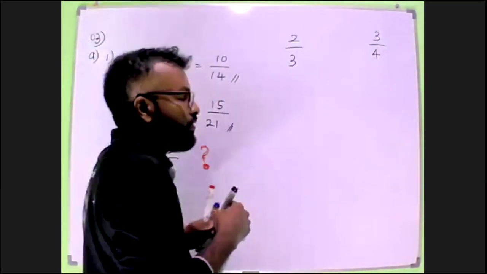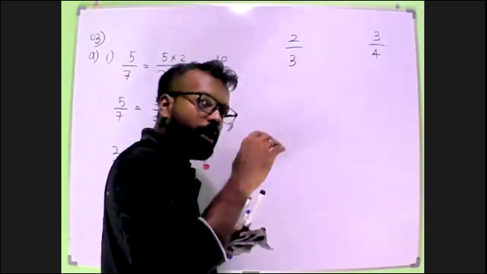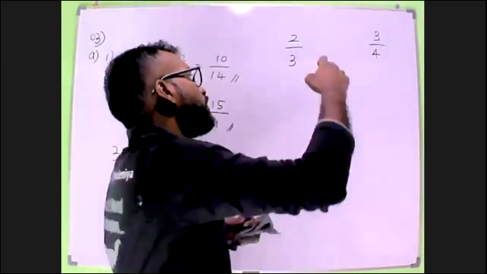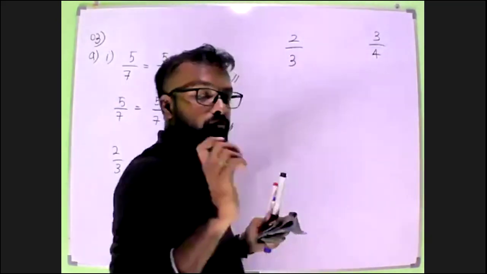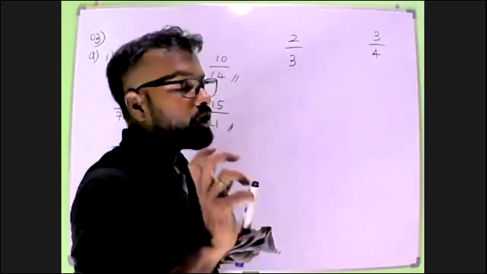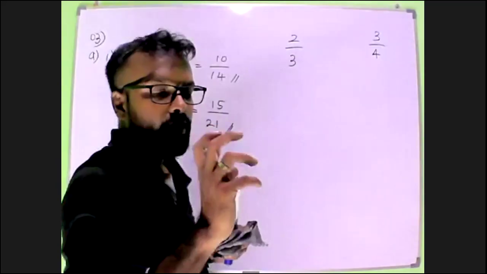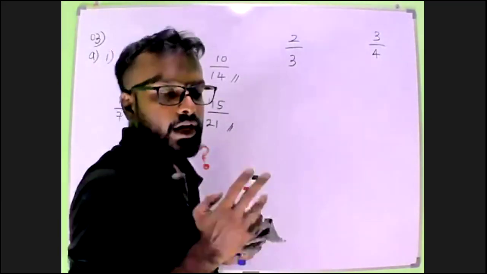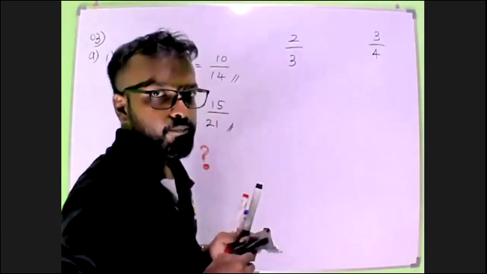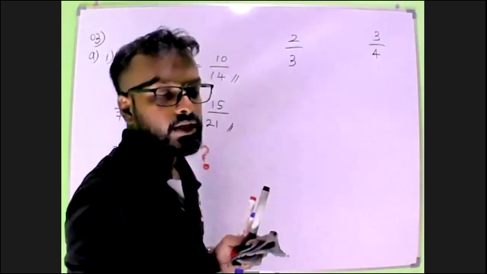So when you are going to compare again, what you have to do? You have to compare the denominators. Check whether your denominators are the same number. Here you have 3 and 4, so you have to find the LCM.